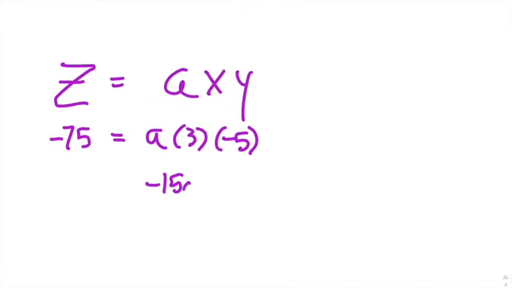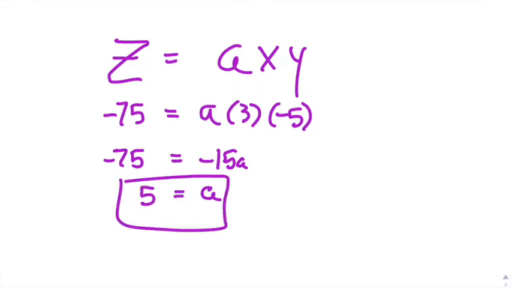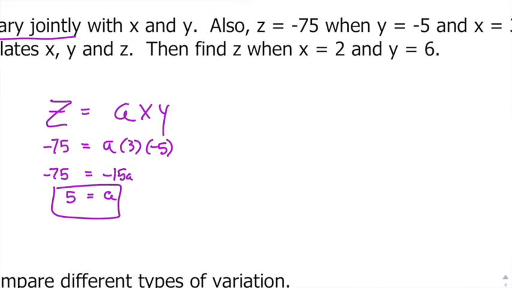Looking here, I got negative 15A, and then negative 75. I think A is 5 in this case. So there's your constant of variation. Same kind of setup: we solve for A, now we get our equation. Z equals 5XY.